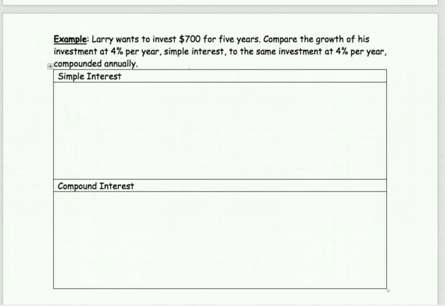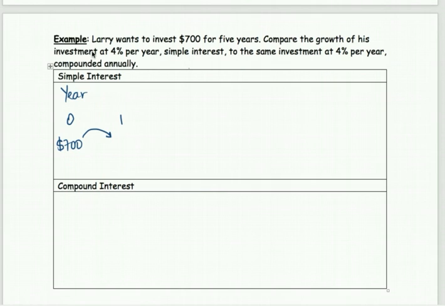Okay, so we're going to do this the visual way first, and then we'll use the formula. So in year 0, before we start, Larry has $700. Okay, so 1 year later, we want to figure out how much money he has now.